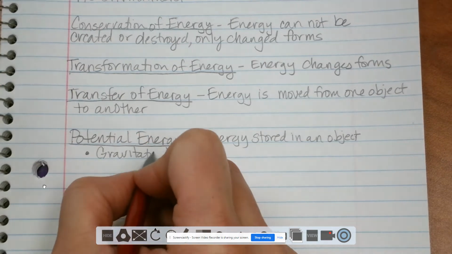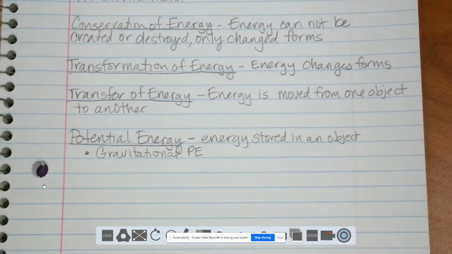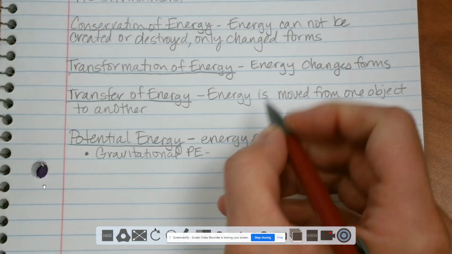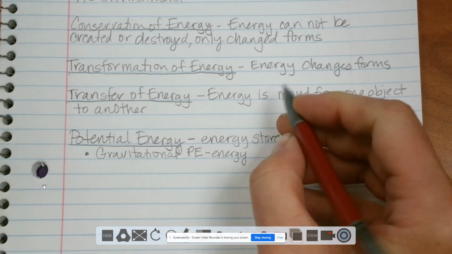I'm going to write it down, and I'm just going to use PE for potential energy. Remember, your gizmo used U as the variable, but we're going to use PE in this unit as we're doing our math. But do realize U also stands for potential energy. So gravitational potential energy is energy due to an object's position.